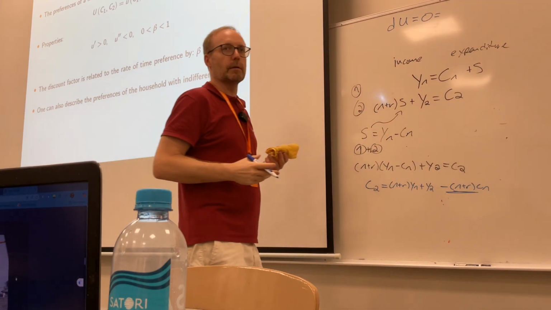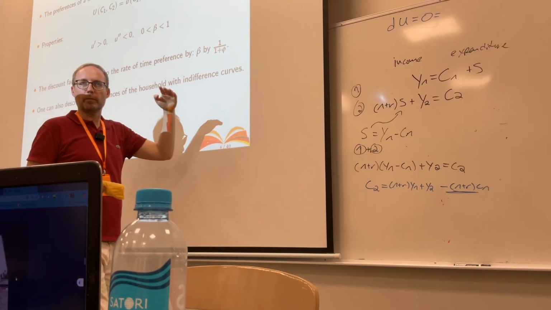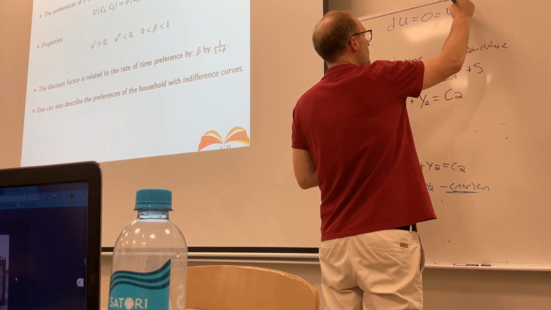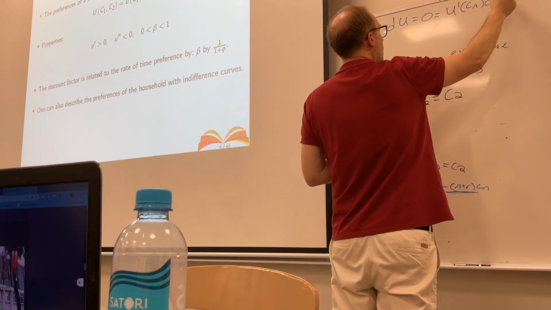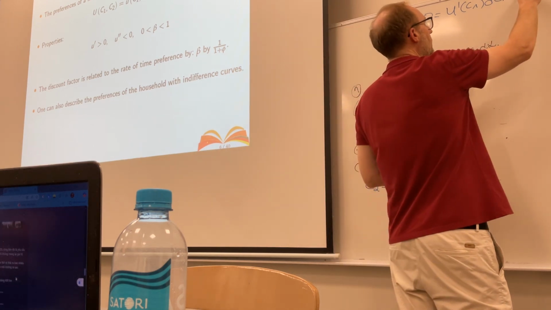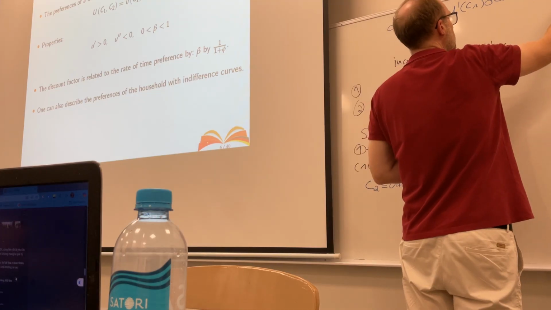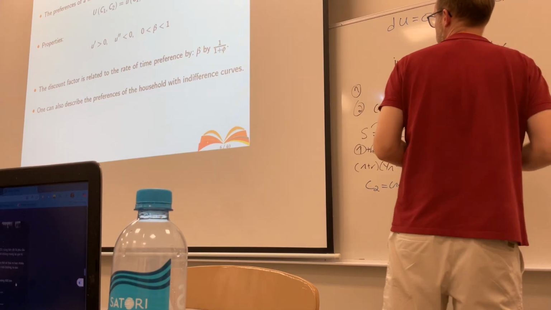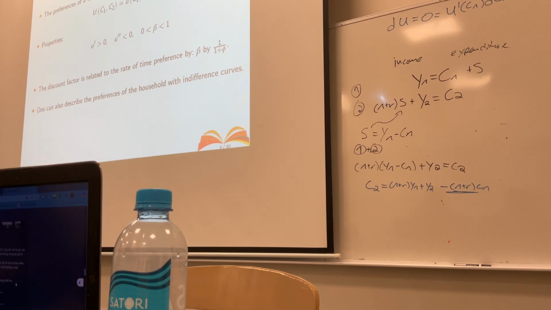If I'm behaving optimally, if I'm at the maximum, then there should not be a way to change to improve my utility. It's a first order condition, so we're going to look at this. And this should tell us that any marginal change in C1 should be related to a marginal change in C2.